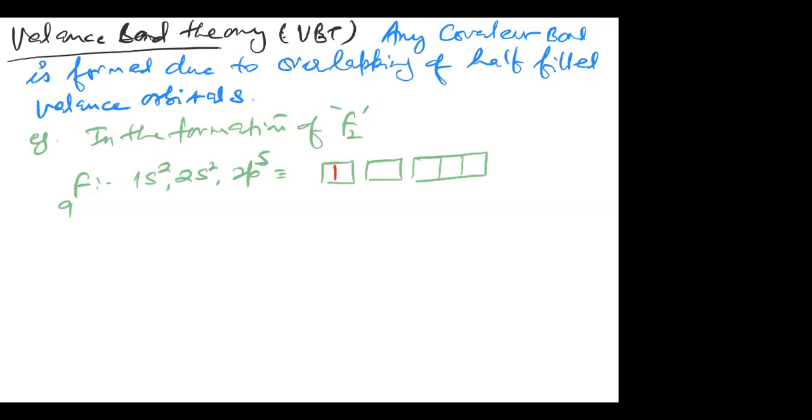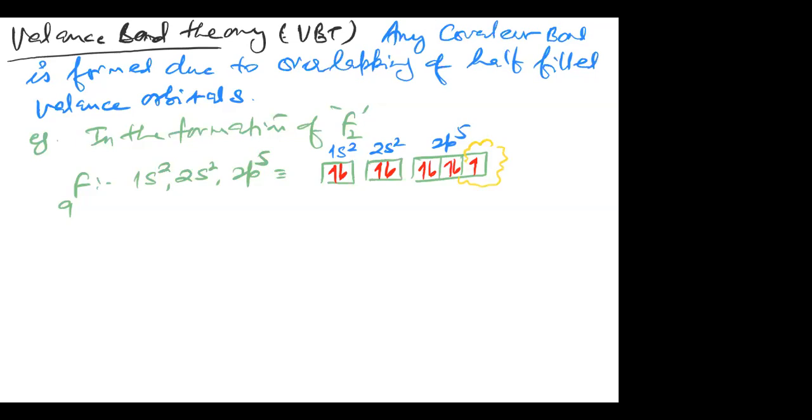Here we have 2 electrons in the first orbital, another 2 electrons, these 2 electrons, and we have 1 electron here. So as far as this orbital is concerned, it is a half filled valence orbital in the case of fluorine.